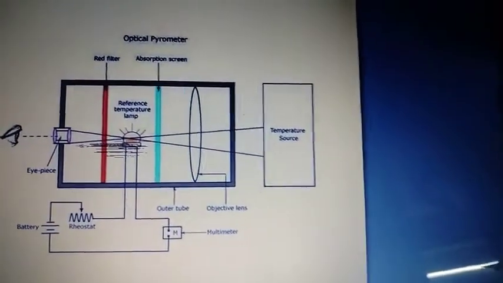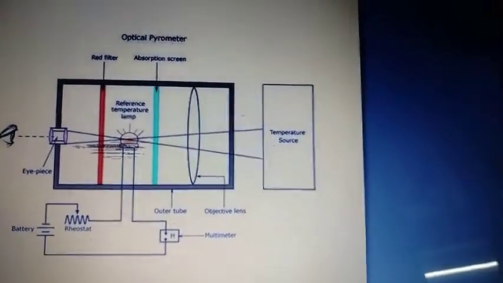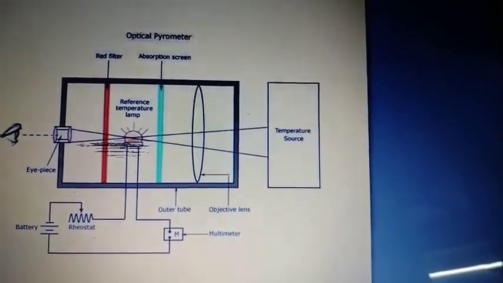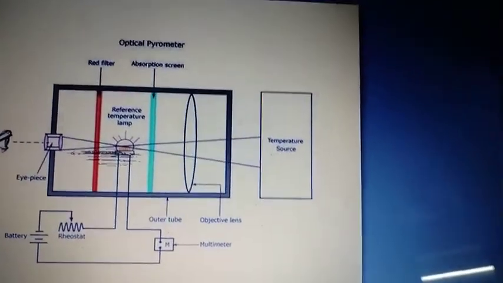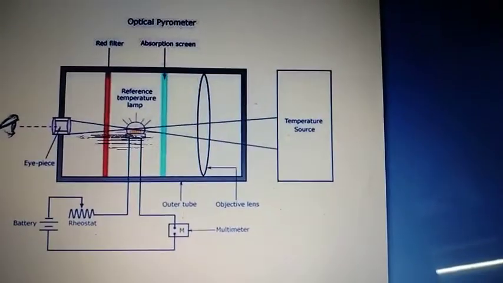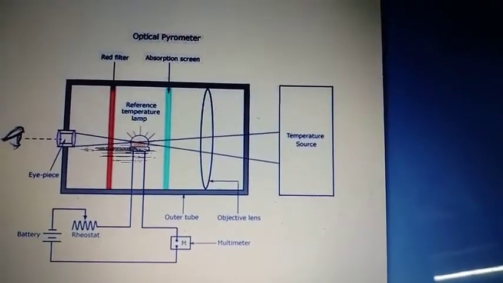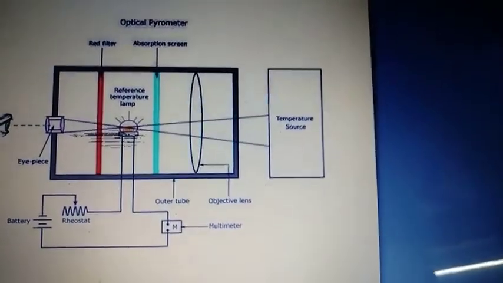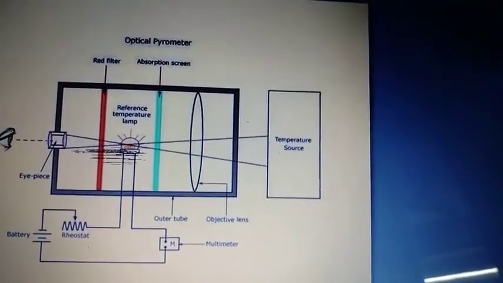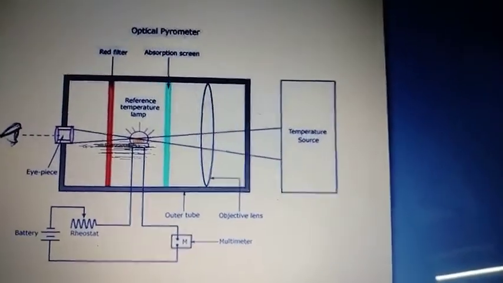The main components: outside there is a temperature source or radiation source, whose temperature is to be measured. In one arrangement you place a glass bulb with filament and lenses, and on the other side the observer, through an eyepiece, observes the radiation brightness of the filament.